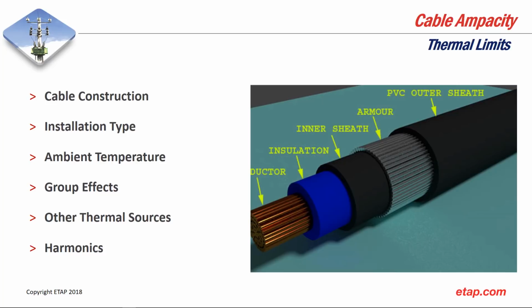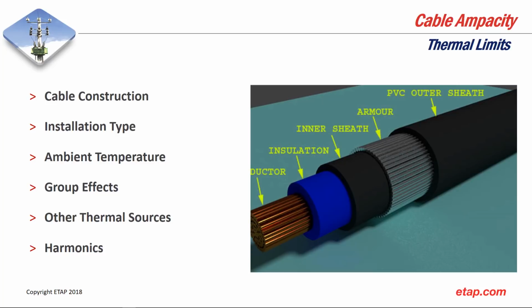The grouping effect, especially when we have them on a particular cable tray or underground. Other thermal sources would also have an impact, like if there's a steam pipe near the cable installation, and of course harmonics, which essentially, if we have harmonics other than the fundamental, it will increase the heat in the cable.